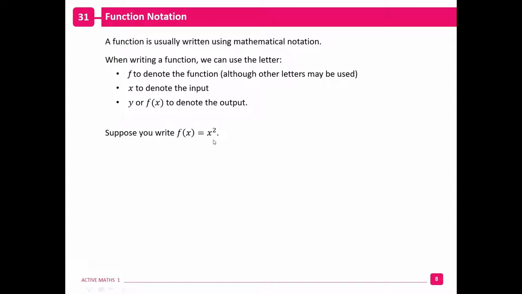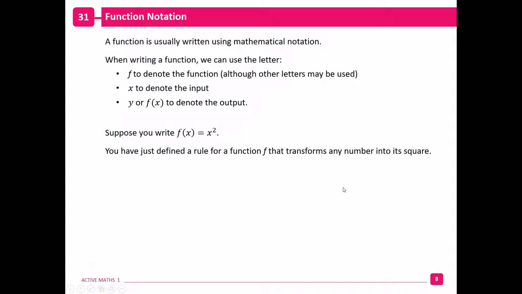Now our answer then, hence the equal sign, will be that x is squared. So what this is actually telling us is that to get the outputs, because f of x, this symbol notation together represents the outputs, are the inputs squared. It's telling us that this function has the rule to square the inputs.